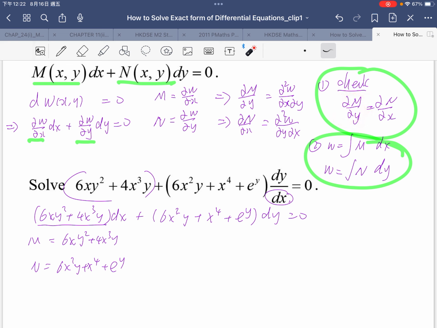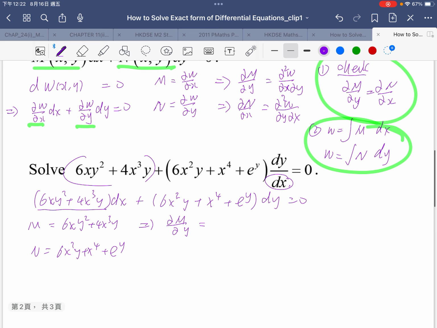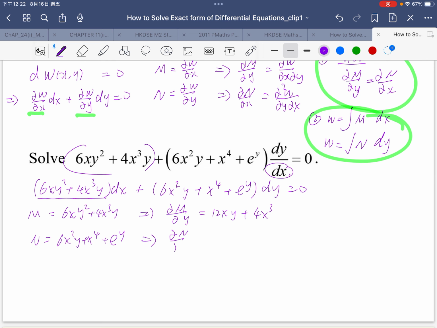And first we have to check partial M over partial y equal to partial N over partial x. Therefore, partial M over partial y, the partial differentiation with respect to y, is equal to 12xy plus 4x cubed.